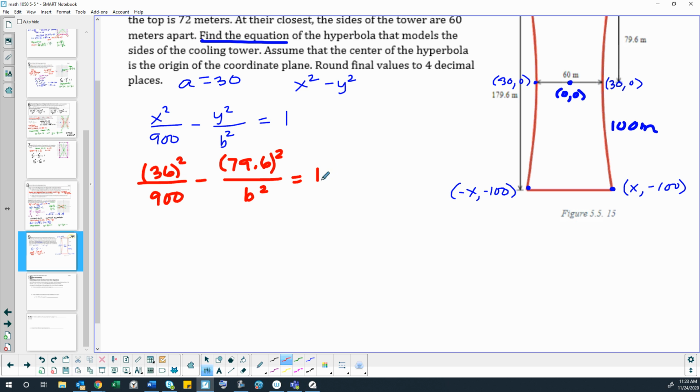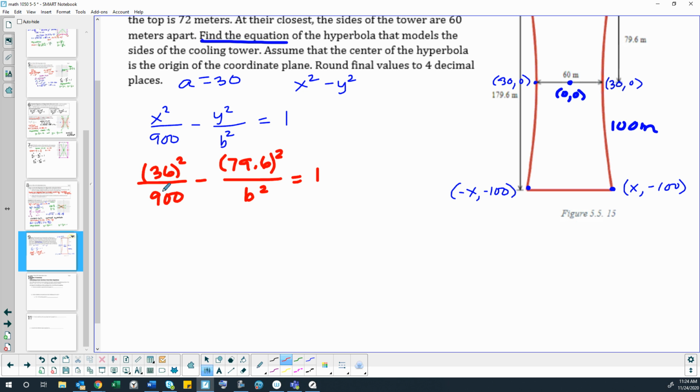So I think it would be easier to combine the 1 with this fraction, get that common denominator, and move this to the other side. I was thinking the other way around, but because this is negative, I can either do that or I can multiply the whole thing by a negative. I just want to get rid of that negative. It just helps make things a little less complicated. Alright, get out my handy dandy calculator.